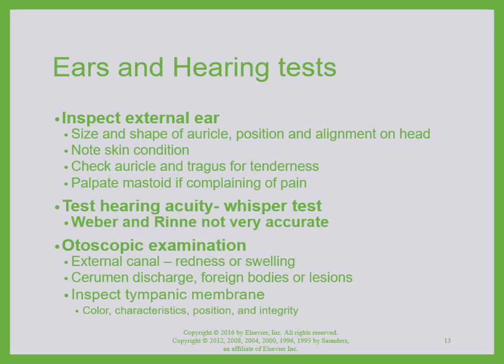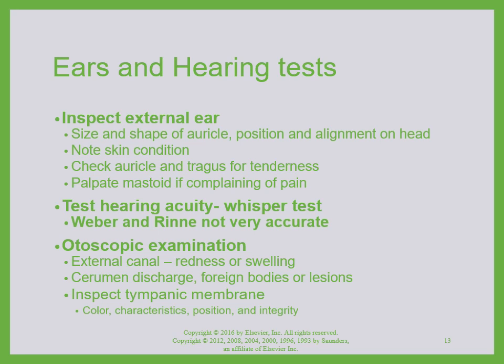Before you put anything in the ear, you want to pull the pinna up and back if they're over 3, or down and back if they're under 3. The normal tympanic membrane is pearly gray and concave, and acute otitis media, it's bright red with no light reflex. And if you see blood behind the tympanic membrane, you need to report that immediately.